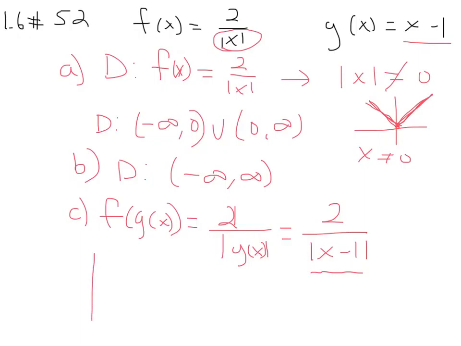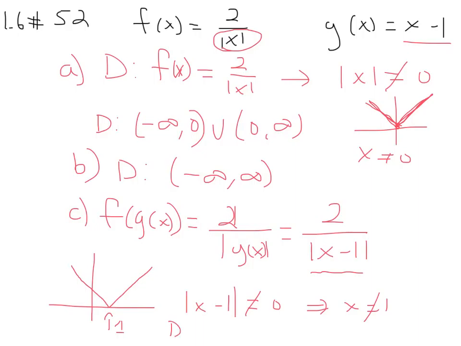Okay, remember, x minus 1 will shift our absolute value of x 1 to the right. So this absolute value of x minus 1 is equal to 0 wherever this thing touches the x-axis. Since we've moved it to the right, this now happens at x equals 1. So x equals 1 is now our problem point.